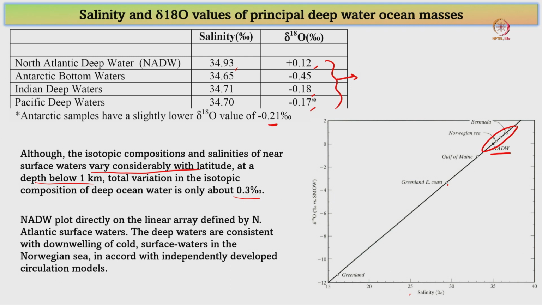Now, this North Atlantic deep water is a cold downwelling current. Independently, there are certain circulation models which work on physical constraints, where the density should be changing such that there is a downwelling happening.